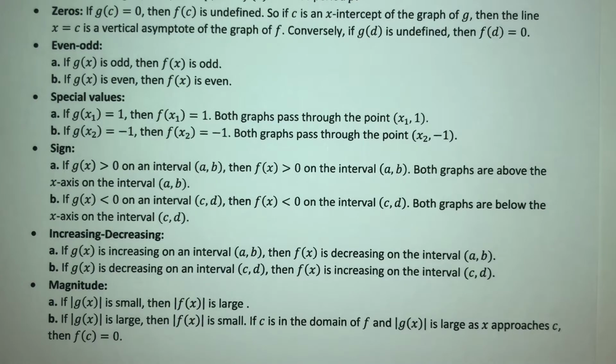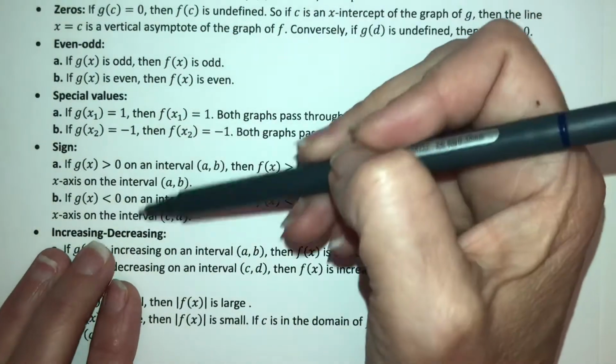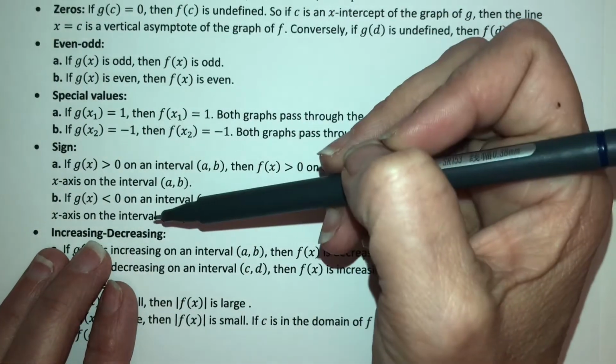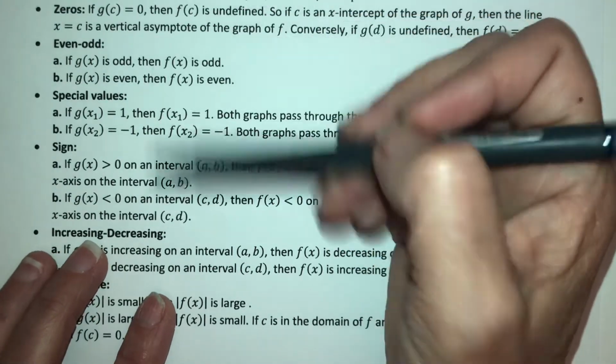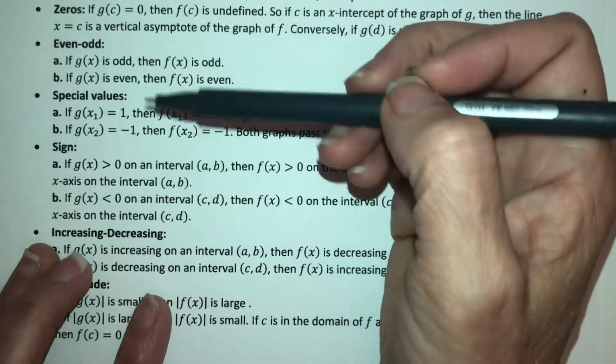So if you're graphing sine and your sine graph is below the x-axis, then your cosecant graph is also going to be below the x-axis there. So all of these are fairly straightforward, and they're very similar. And you're talking about if you know something about one, then you know the other.